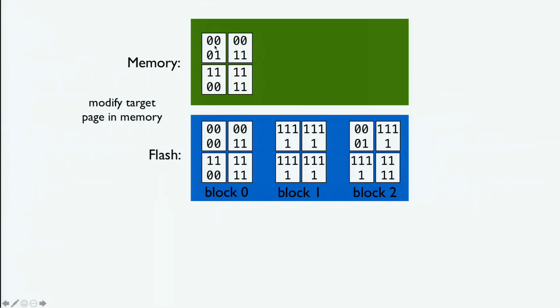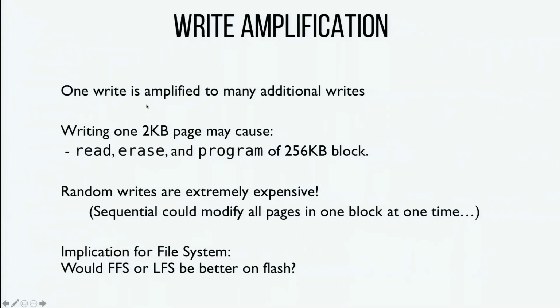And then we have to erase the whole block out there before we can change any of those. And that's why we had to read the whole thing in, because we're going to have to write out what we remembered there and program them all back. So that's really, really expensive. Remember, we looked at how expensive it was to do an erase, that's much slower than the actual writing.